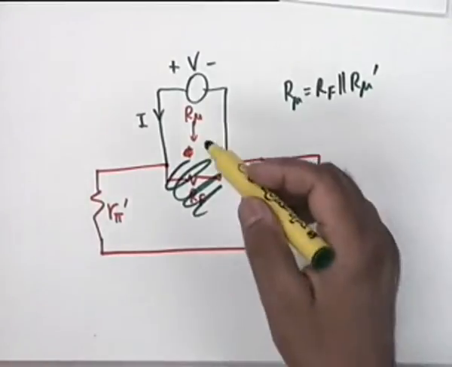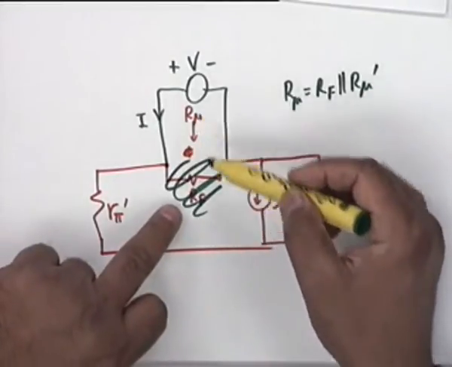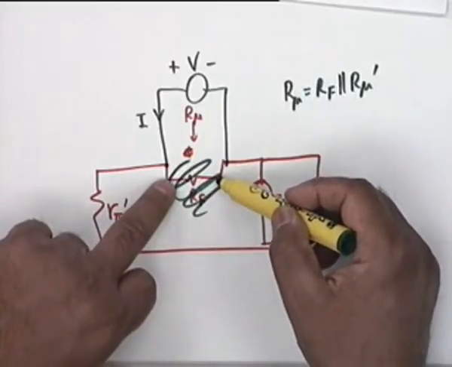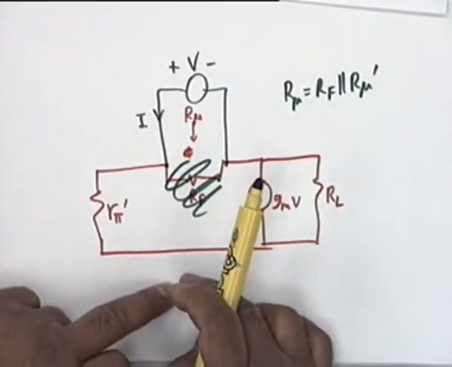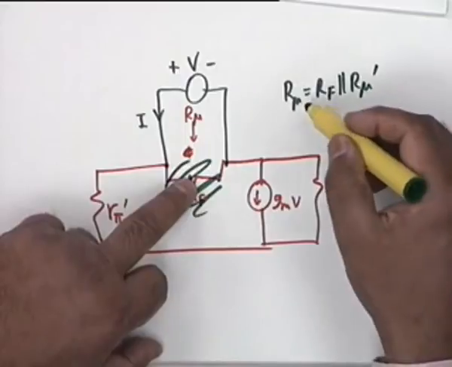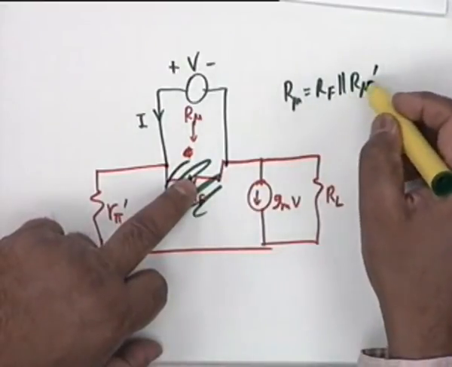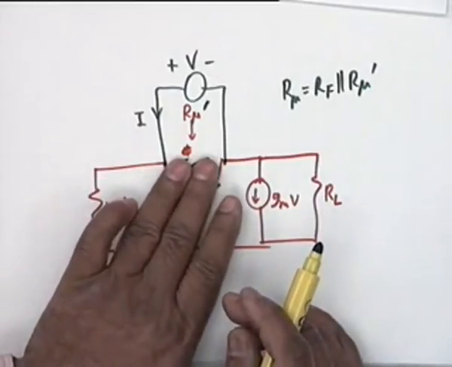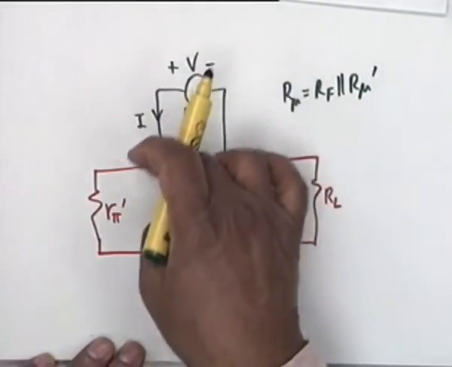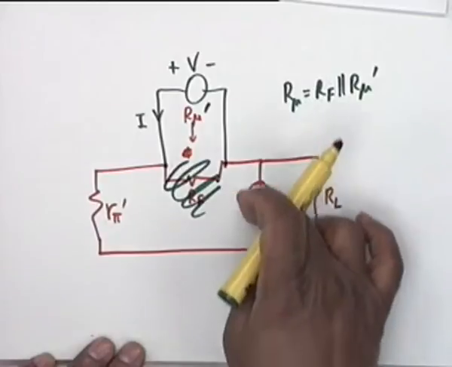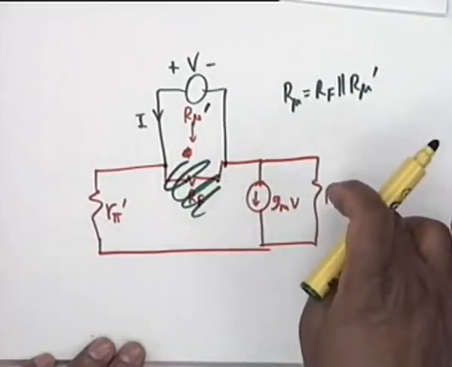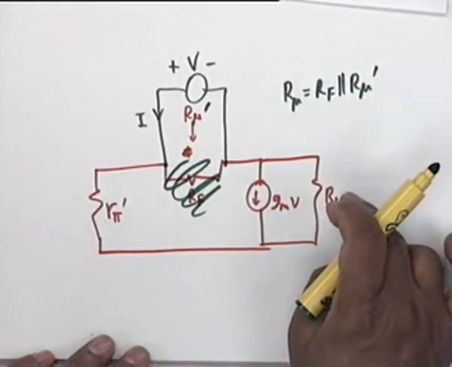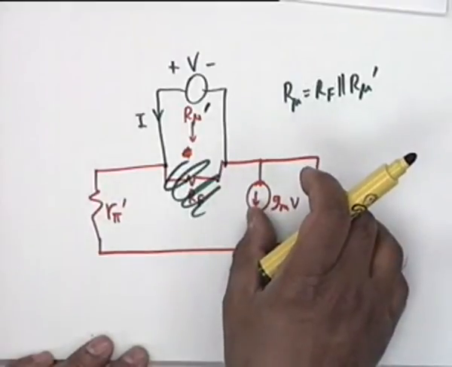Can I repeat? I notice that R mu is a parallel combination of RF and the rest of the circuit. So I get rid of RF. I write R mu as equal to RF parallel R mu prime, where R mu prime is obtained by omitting this. Then you have a source, a resistance, and then a parallel combination of a current generator and RL, and therefore you can replace this by a Thevenin equivalent.